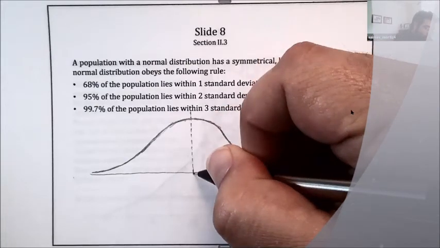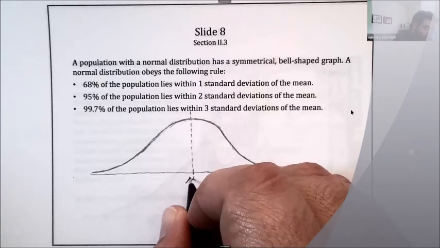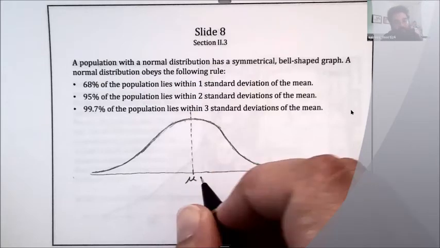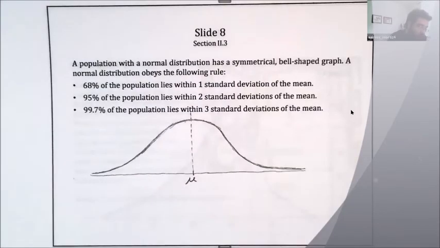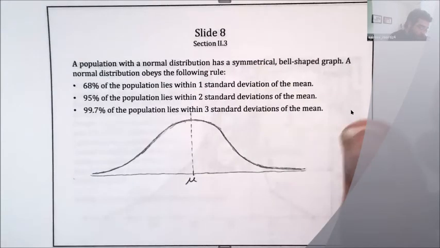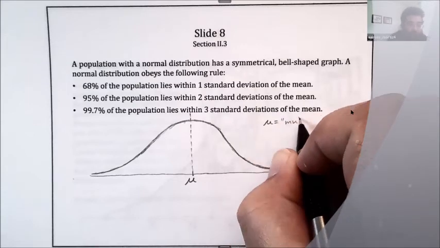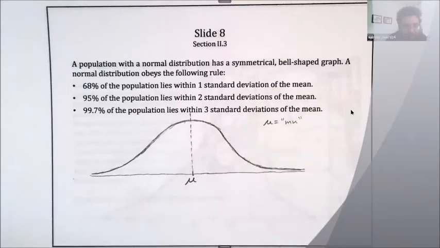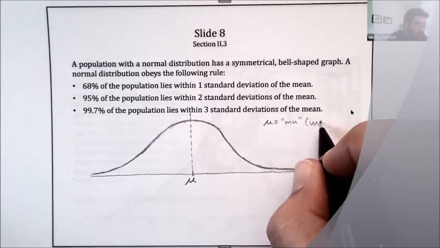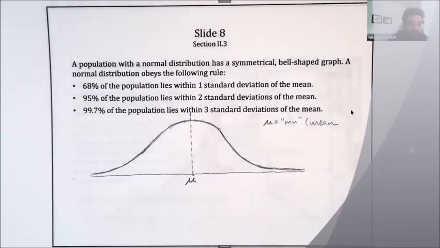When we're talking about a large population with a normal distribution, we use this Greek letter mu to represent the mean. And this rule tells us that 68% of the population is within one standard deviation of the mean.